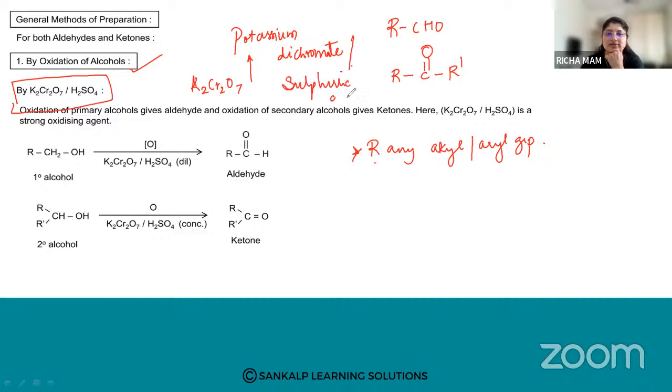What we are doing is a controlled oxidation. Control means we are controlling the reaction.